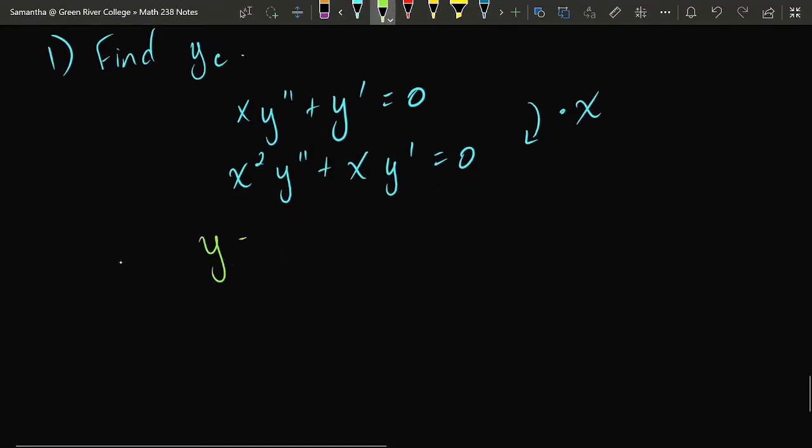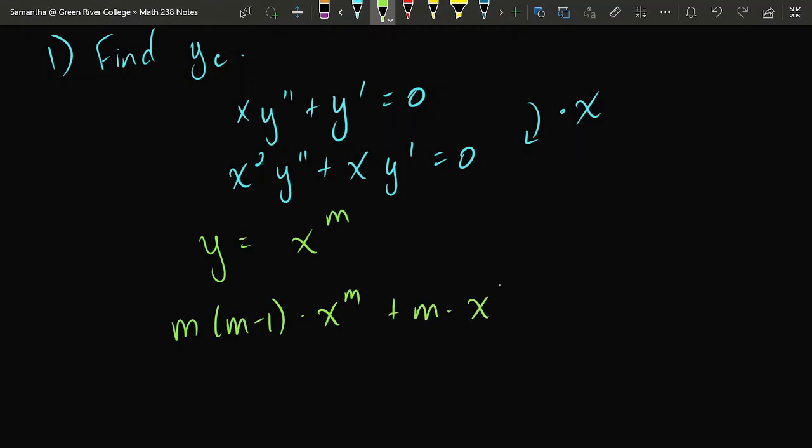So we're going to make our usual guess for a Cauchy-Euler equation, x to the power m, and that will lead to the auxiliary equation m minus 1 x to the m plus m x to the m is equal to 0, which simplifies to m squared minus m plus m equals 0.